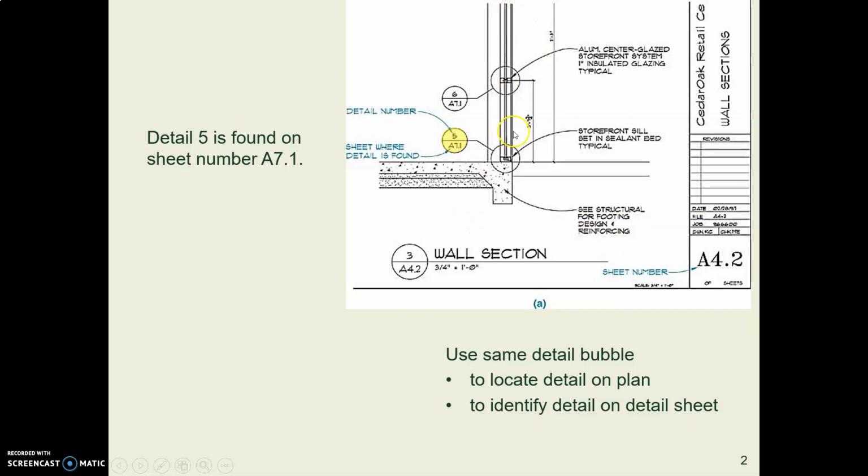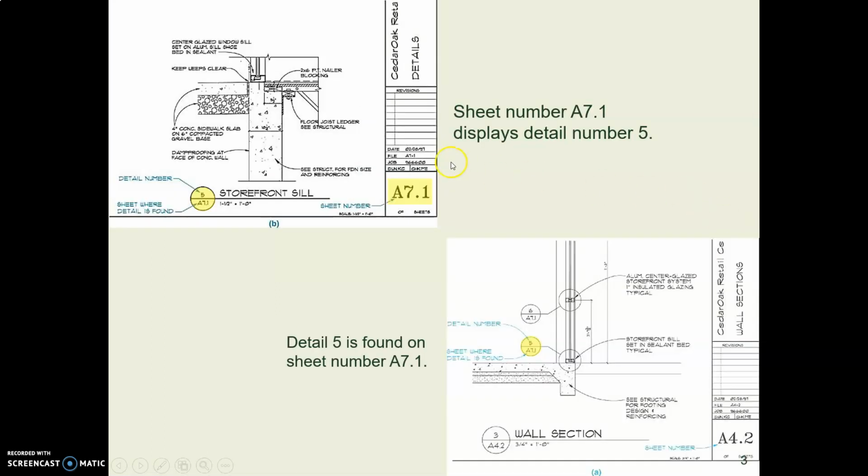Now, within this wall section, there's a detail, a close-up detail of just how that sill is attached. And that is detail 5, and we're going to find that on sheet A7.1. Now our book shows us, here's the corner of sheet A7.1, and sure enough, there is detail number 5 on sheet A7.1.